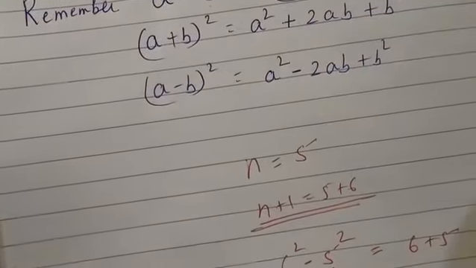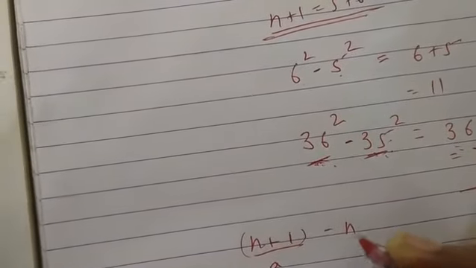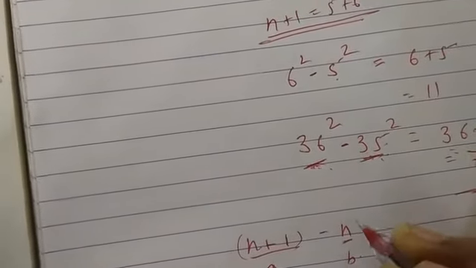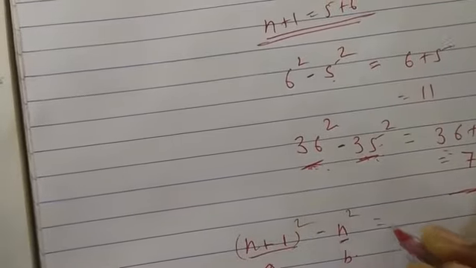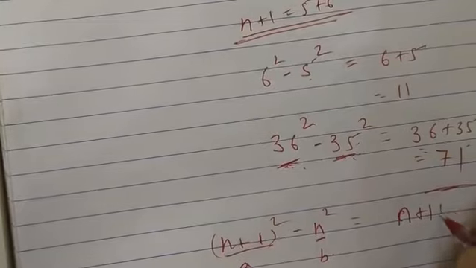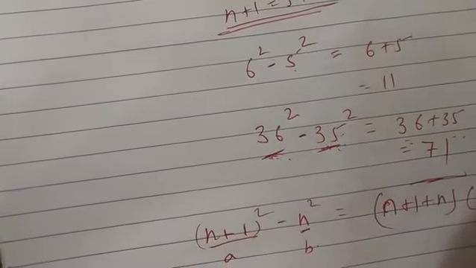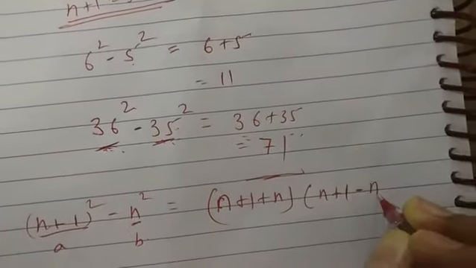So if n plus 1 is a and n is b, this will be equal to a plus b, n plus 1 plus n, times n plus 1 minus n.